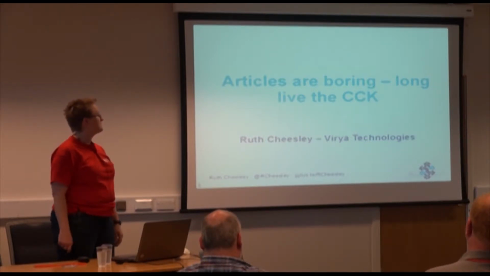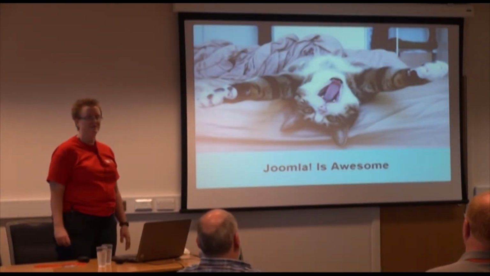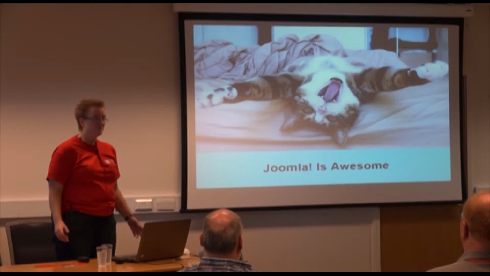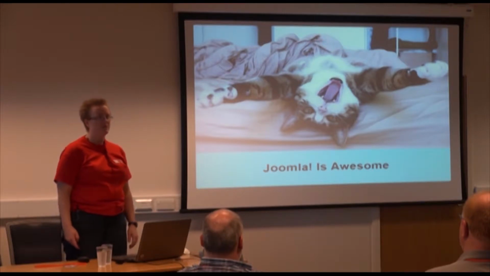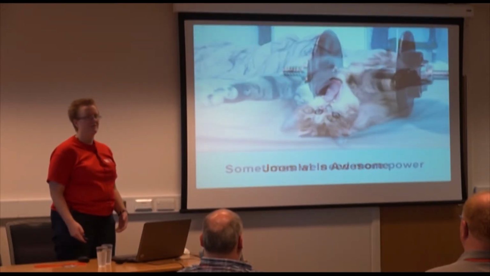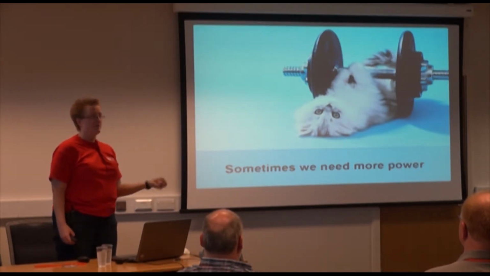So, Joomla is really awesome. Fantastic. Amazing system. You can do so much with it. But sometimes we get to the point where you need to do a little bit more than what the normal article management can do. You need a bit more power or flexibility, or extra fields.